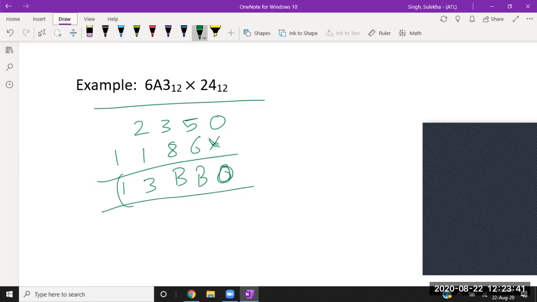So this 13BB0 in base 12 is your answer. If you are having any doubt, write a question mark in the chat box, or you can unmute yourself. Otherwise, I'm going to the next question.